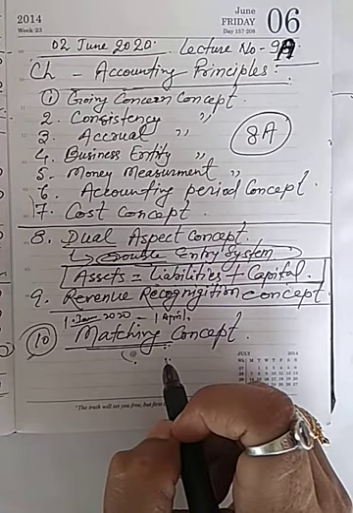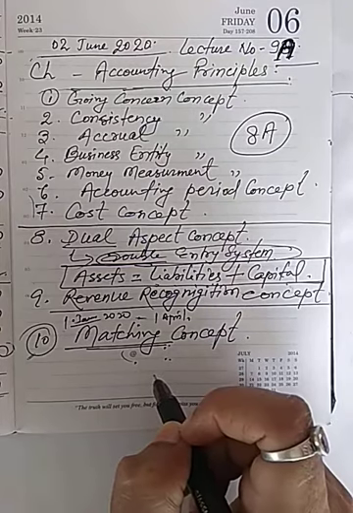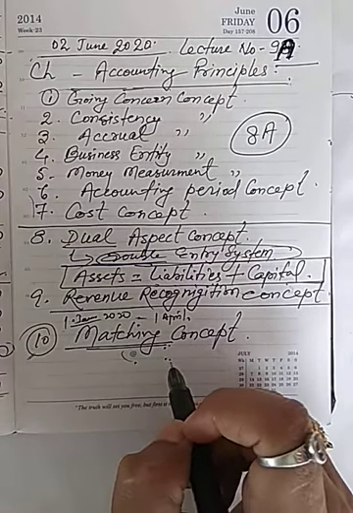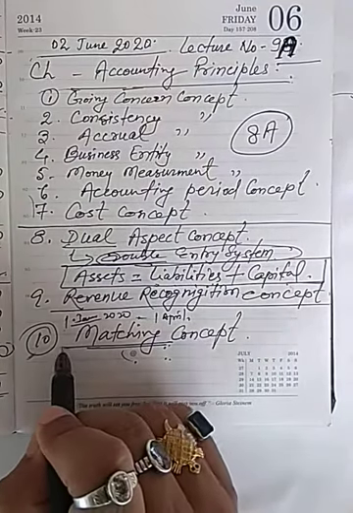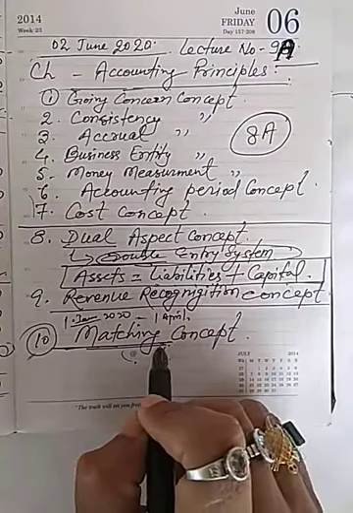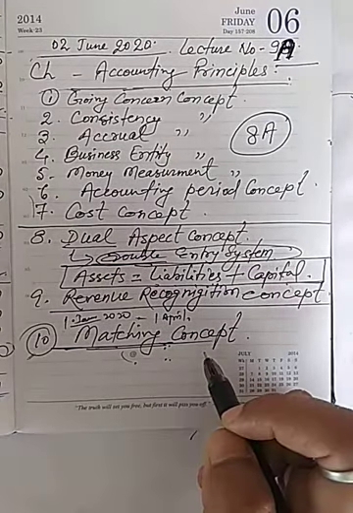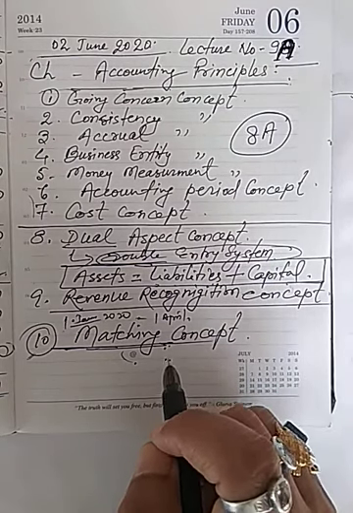Outstanding expenses, though not paid in cash, are shown in the profit and loss account. So, all the expenses should be matched in accounting year only.